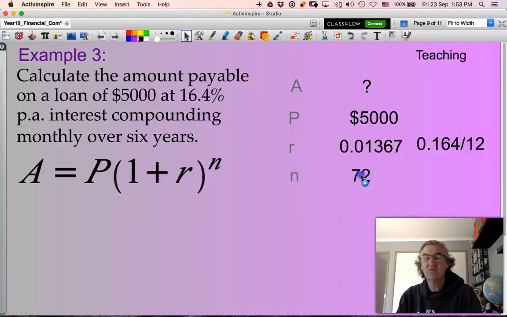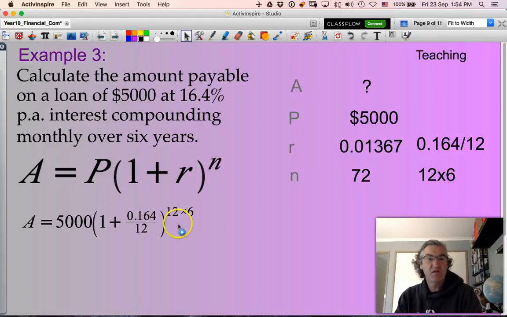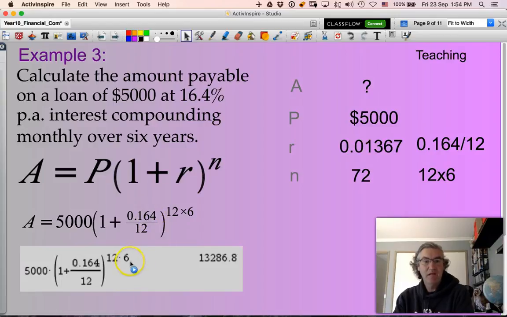How do I get 72? Again, there will be 12 multiplied by 6. 12 payments per year, and there are 6 years worth of payments. So what you'll notice now is I start not to do these calculations here. I let my calculator do those for me. So put the numbers in my calculator, come up with an answer of 13,286.20.